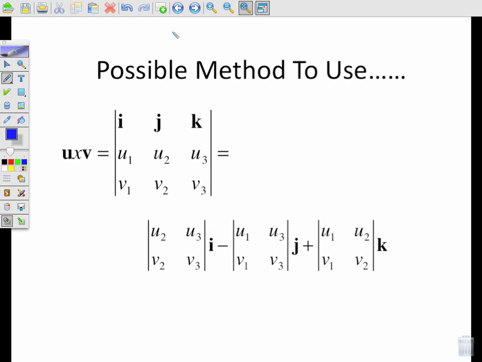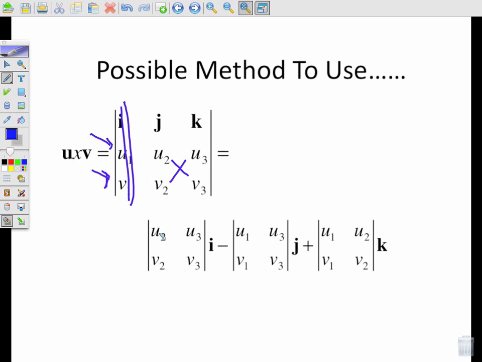What I usually do is I create a matrix. This row right here has the three components of one vector, and this is the three components of the second vector. Now the cross product will equal, if you ignore this first row for a second, the determinant of what's left.